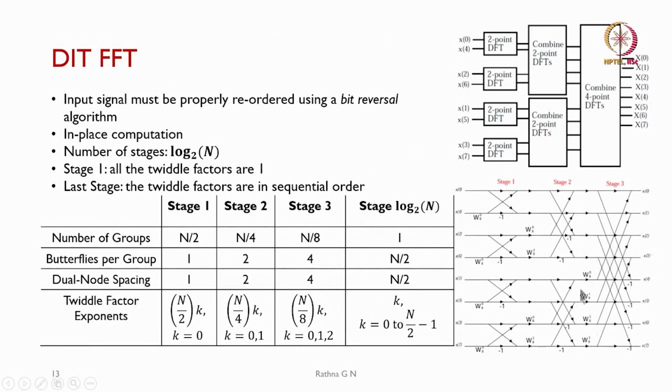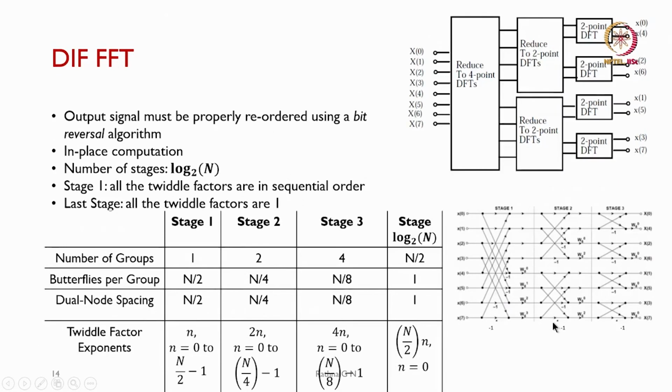So, we will be having 4 of them here, and when we have more than that, k will be going between 0 to n by 2 minus 1. Here n by 2 is 4, 4 minus 1 is 3. So, that is why we have k equal to 0, 1, 2 when n is equal to 8. As we said, we can have the computation either in the time domain or in the frequency domain.